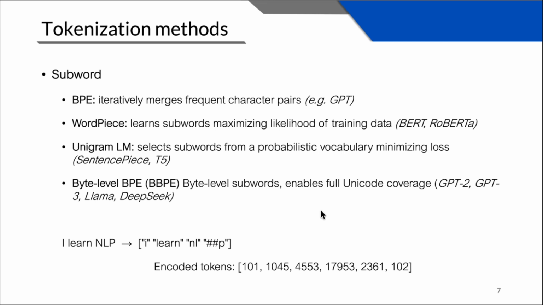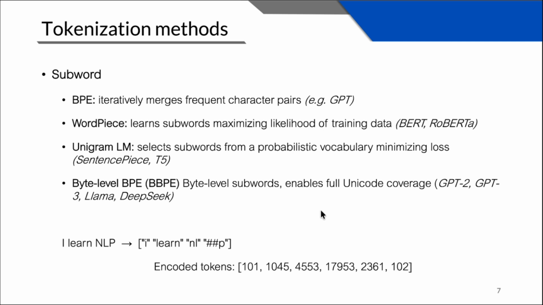It was introduced by Sennrich et al. in 2015, and it's widely used by GPT. We have WordPiece, which was proposed by Schuster and Nakajima in 2012.